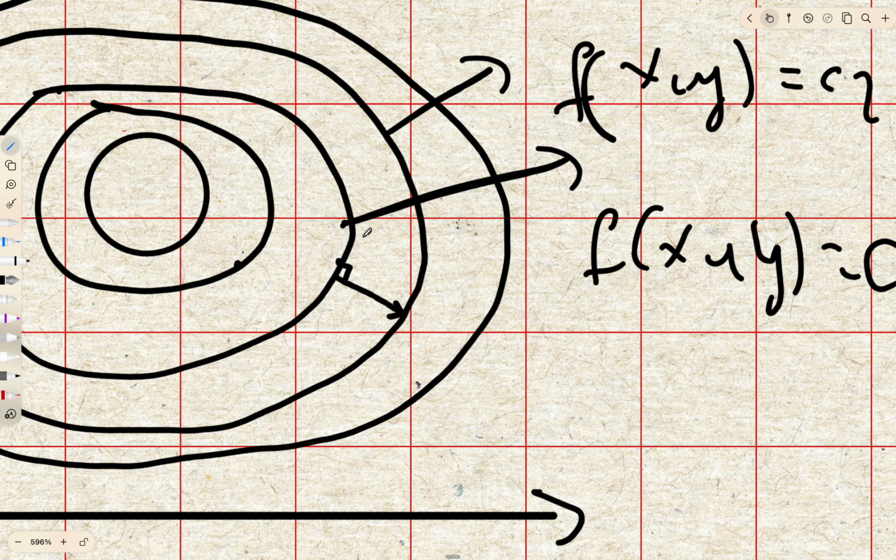So we are interested in this contour line, but I have to draw more contour lines of f to correctly visualize it.